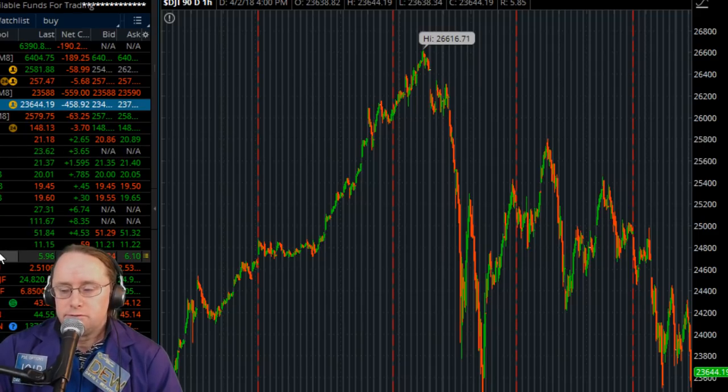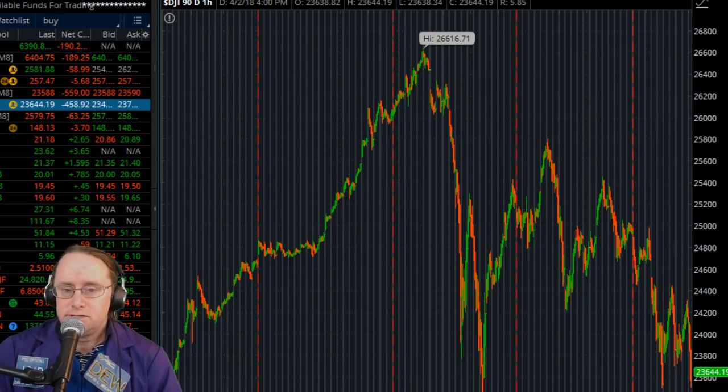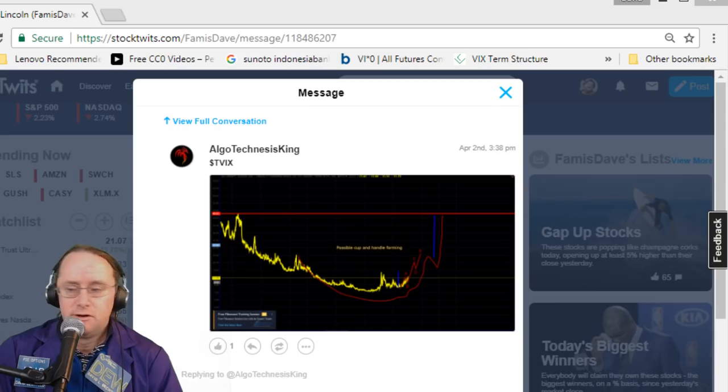But I was reading the article from Balance of Trade, saying how we might be in store for a term structure which stays out of contango for an extended period of time this year.